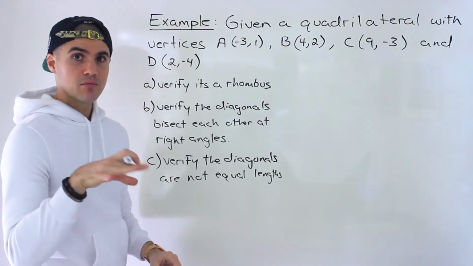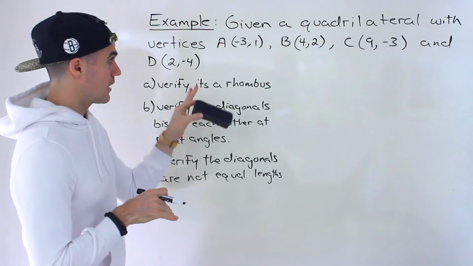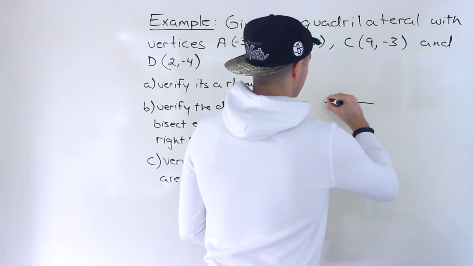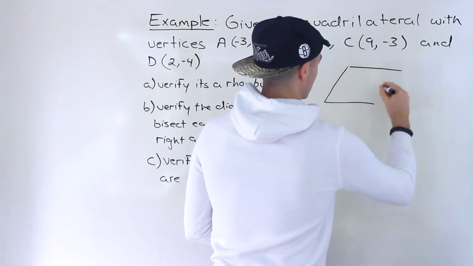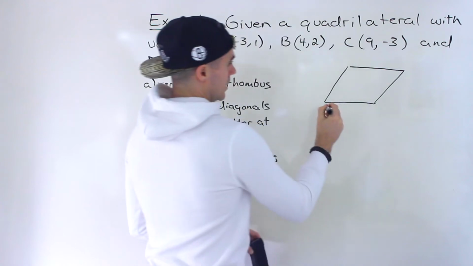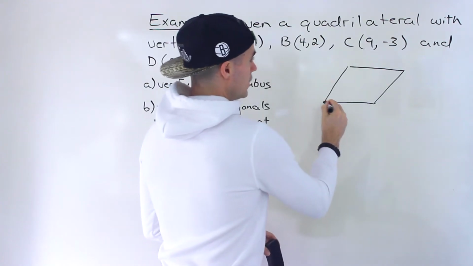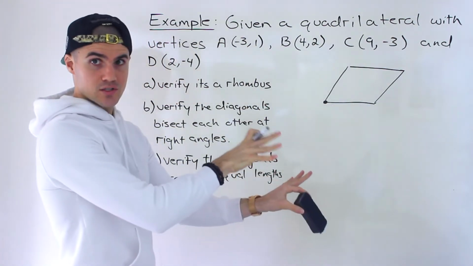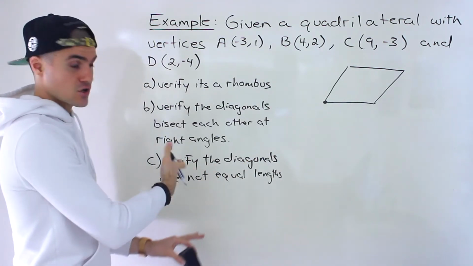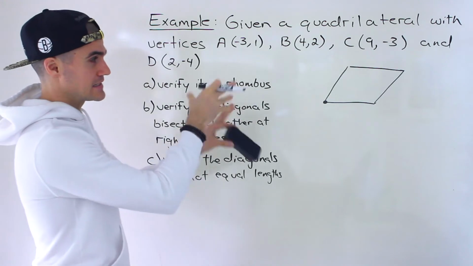So let's get into the particular specific question that we're dealing with. And what I'm going to do to start off is draw just a rough diagram of a rhombus that we can have as reference. Now we know that we're going to deal with the case where it's not going to be a square because of part C. We're going to verify that the diagonals are not equal lengths. So we know it's going to take this kind of shape.